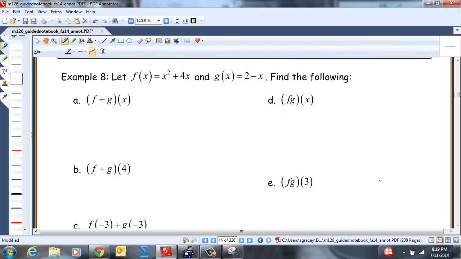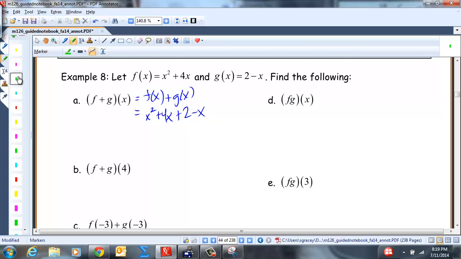So here we go. We have new functions. Let's look at the sums. First we get the sum in general, and then we get a couple examples where we have the sum at a specific value, and we do the same thing with the product. So f plus g at x will be f at x plus g at x. Well, f at x is equal to x squared plus 4x, and g at x is 2 minus x.